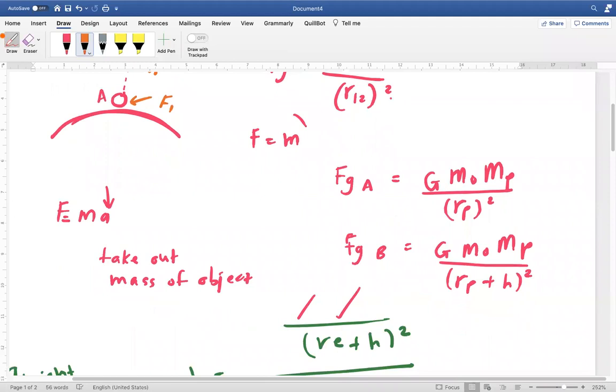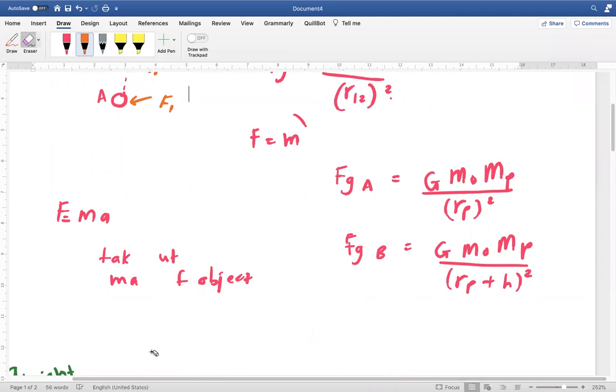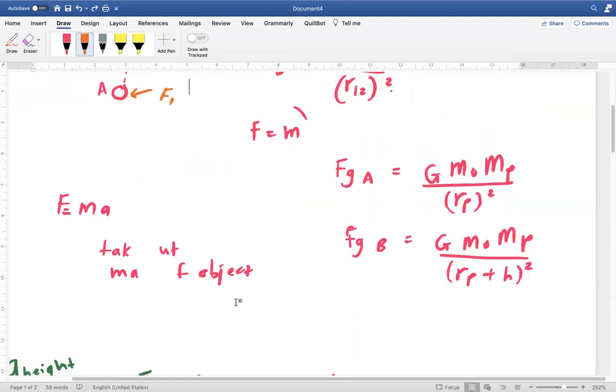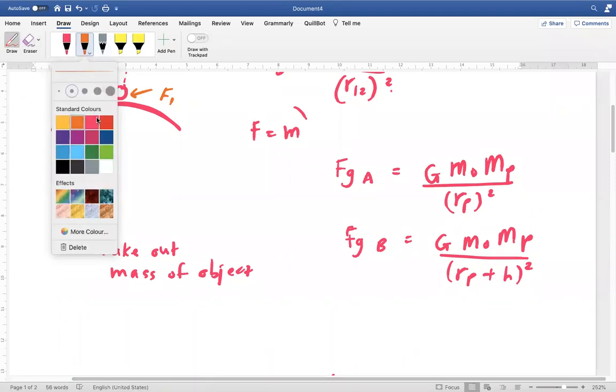Sekejap lupa nak padam. Okay, so now my equation, which is what the question is asking.